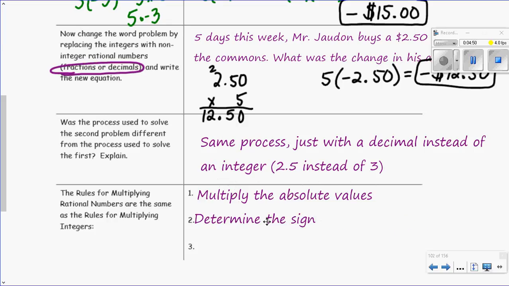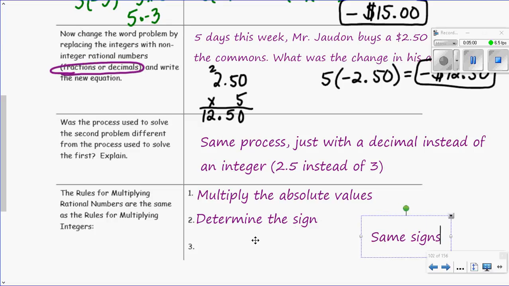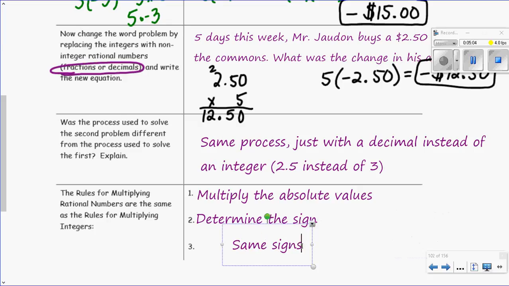And then the second thing we do is determine the sign. I'm not sure why it's numbered 1, 2, 3. I really just think that there's 2 steps. But for number 3, we'll put how we determine the sign. Same signs give us a positive answer.